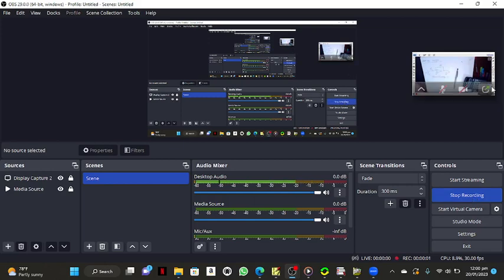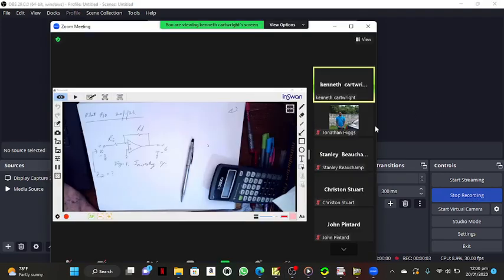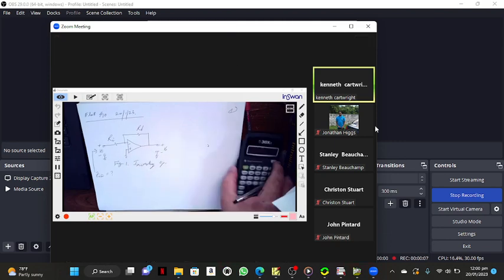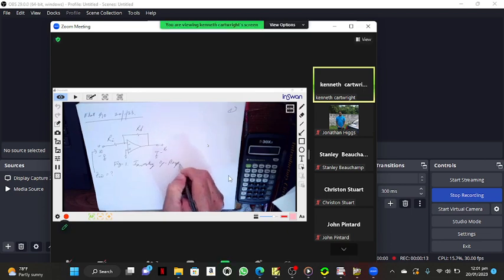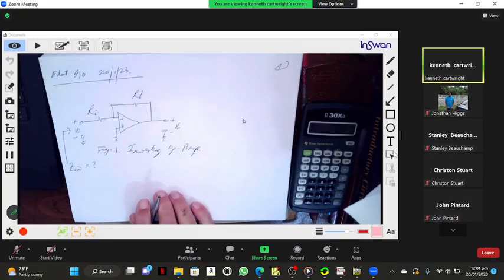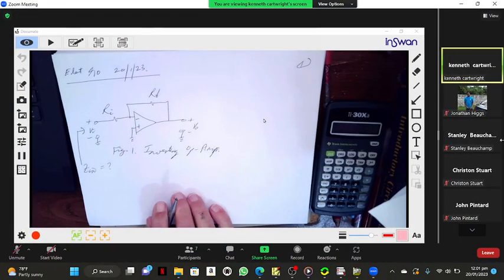Inverting amplifier. What's the voltage gain?